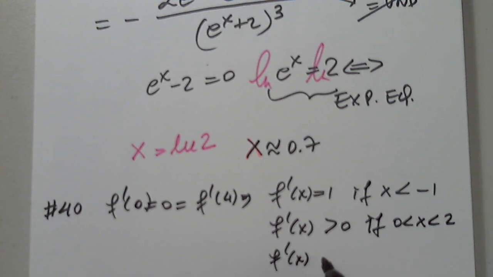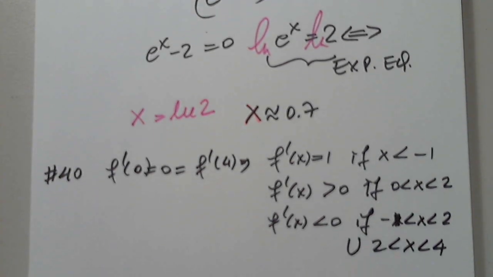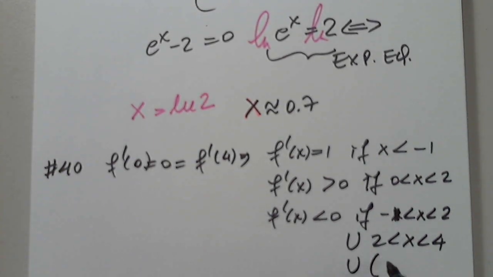F prime of x is less than 0 if -1 less than x less than 0, union 2 less than x less than 4, union x greater than 4.